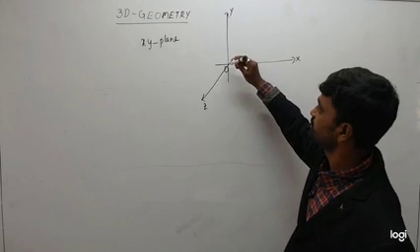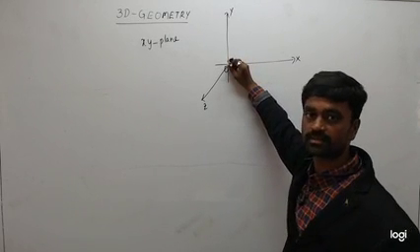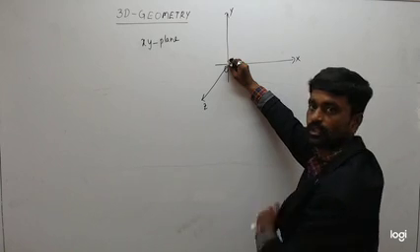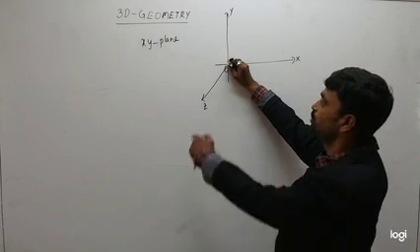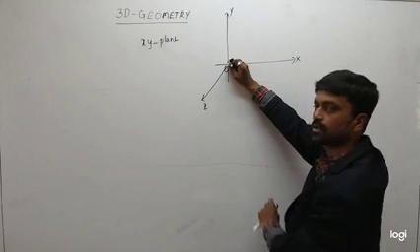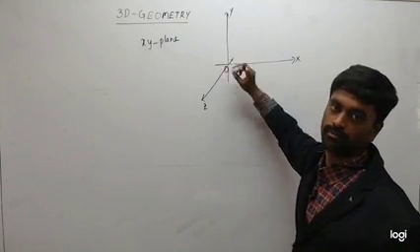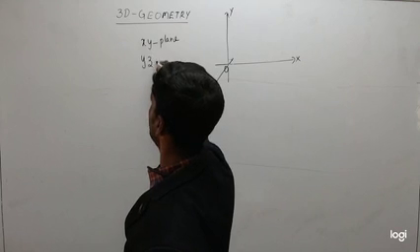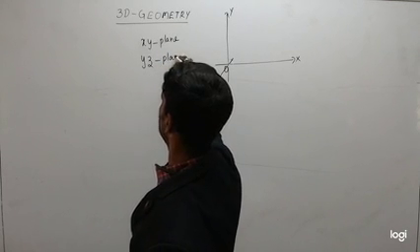See, the z-axis you have to imagine like this. So the z-axis does not lie on the plane, this board. So this board is passing through which axes? X-axis and y-axis. So this board is called the XY plane.